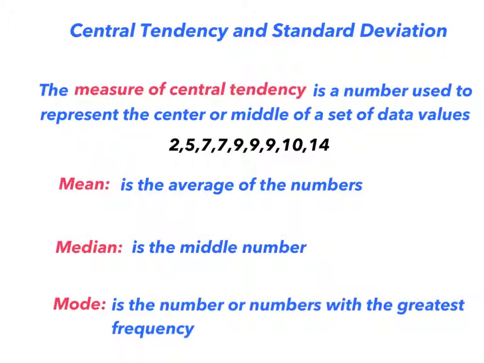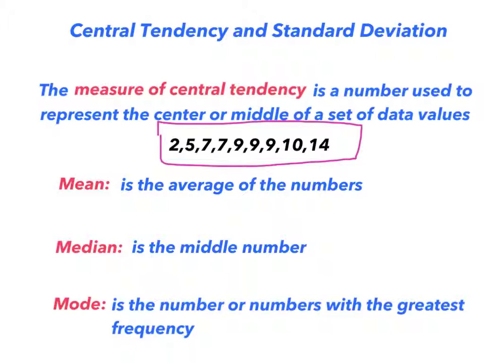The measure of central tendency is a number used to represent the center or middle of a set of data values. So we're going to use this example of a set of data values to find the mean, median, and mode. First of all, the mean, if you remember, is the average of the numbers.